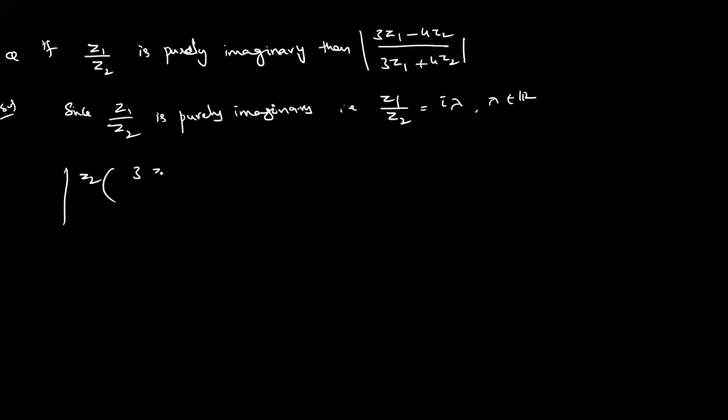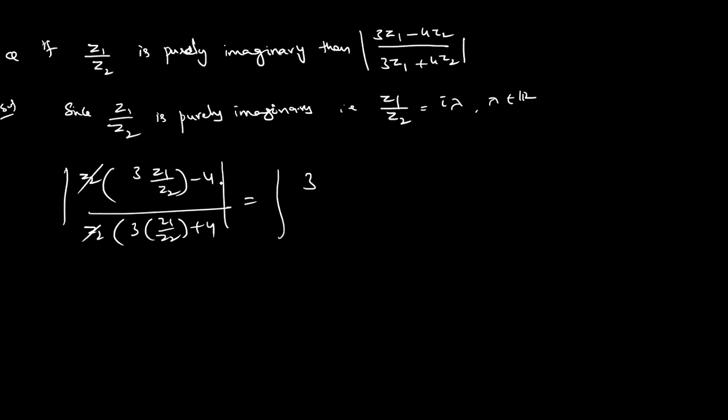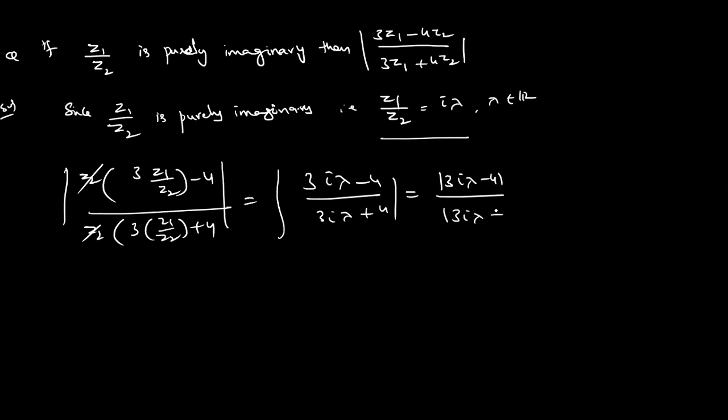What is remaining? (3 into Z1 by Z2 minus 4) by (3 into Z1 by Z2 plus 4). Z2 and Z2 cancel. In place of Z1 by Z2 write i lambda, so we get (3i lambda minus 4) by (3i lambda plus 4). Both have the same modulus. The answer is 1.